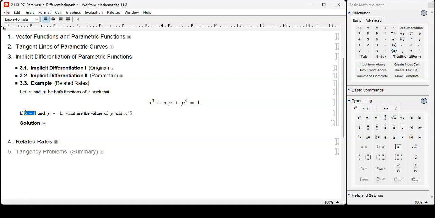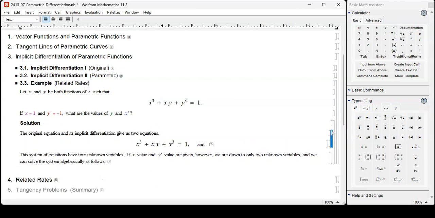x equals 1 and y prime equals -1. So these 2 are there, and you're looking for the y value and the x prime value. So only 2 unknown variables, y and x prime, with 2 equations. Yes, you can solve it, if you get those 2 equations right, of course.